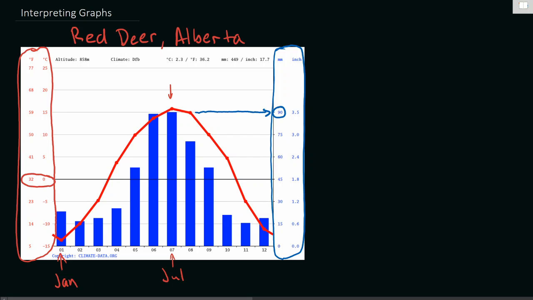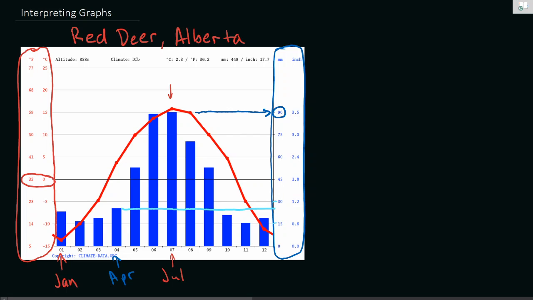We could also look at specific months. Like they say, April showers bring May flowers. So how many flowers do they have in Red Deer? I guess we'll look at their April showers to figure that out. April is the 4th month. If we read across, the value for precipitation is about here. If this is 15 and this is 30, that's about 2/3 of the way up the box.